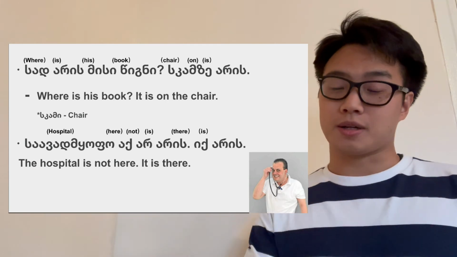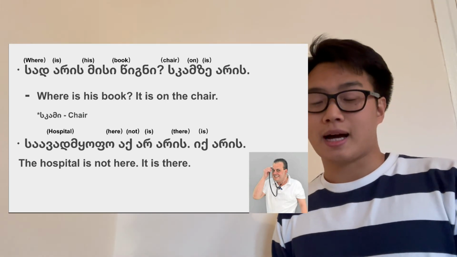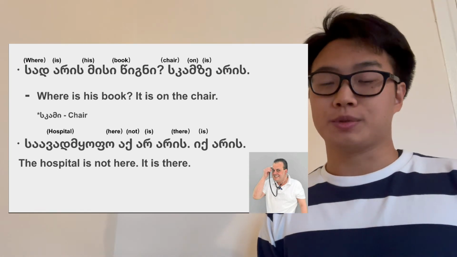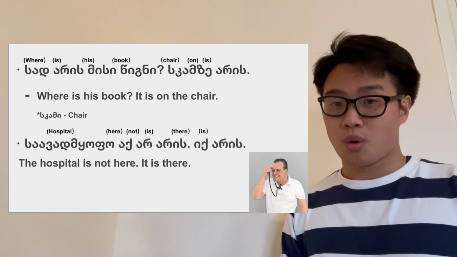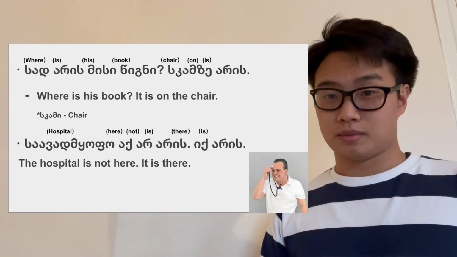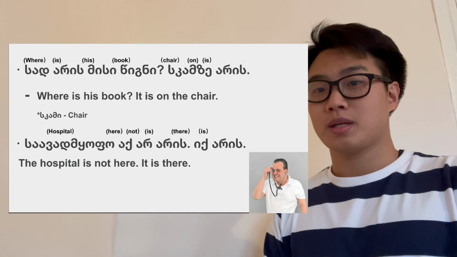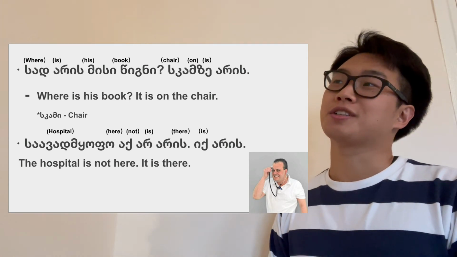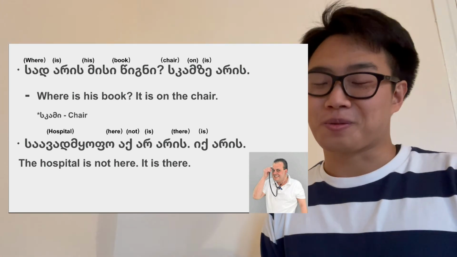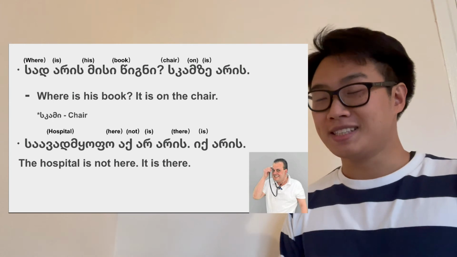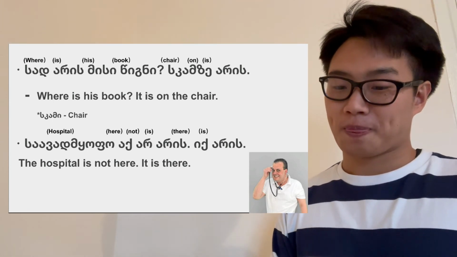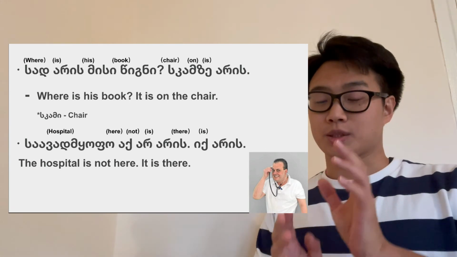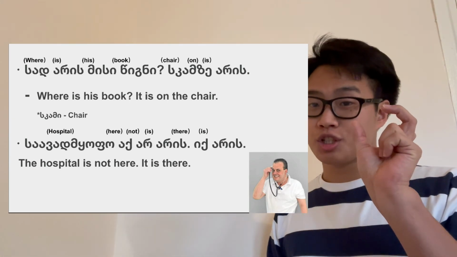So the third example is: sad aris misi tsigni? Skamze aris. Sad, where; aris, is; misi, his or her, the third person singular possessive pronoun, right? Misi tsigni, his or her book. Skamze. Here as well: skami, a chair.